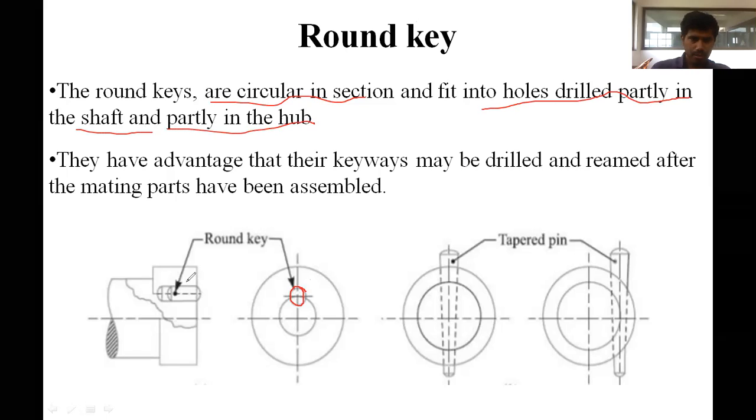So it fits in the shaft as well as in the hub. The main advantage is that the holes can be drilled after the remaining parts have been assembled, so it can be done lastly, after the other parts.